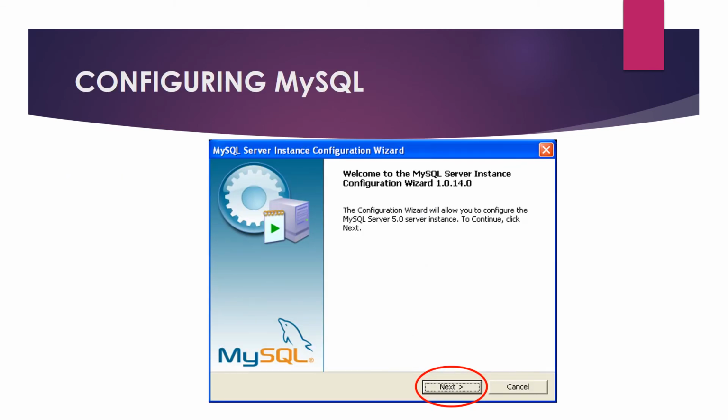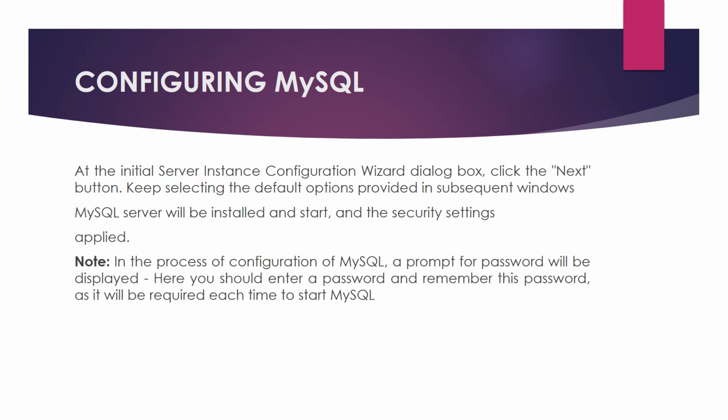MySQL Server Instance Configuration Wizard. This is a step-by-step process to configure MySQL. At the Initial Server Instance Configuration Wizard dialog box, click the Next button. Keep selecting the default options provided in subsequent windows.